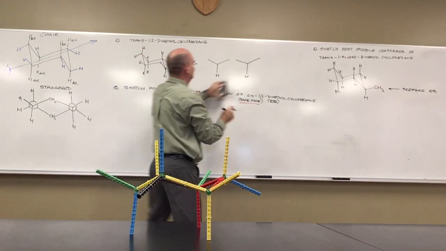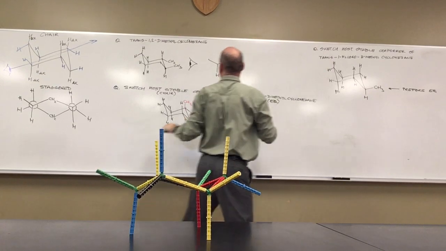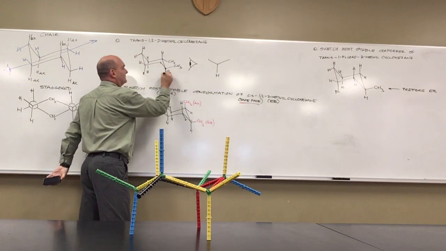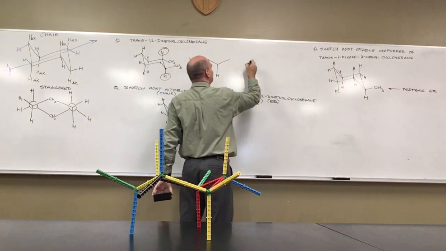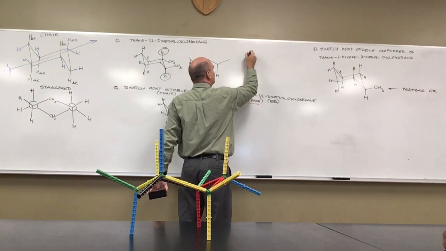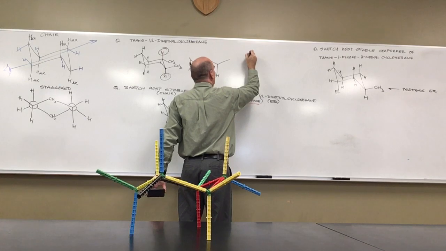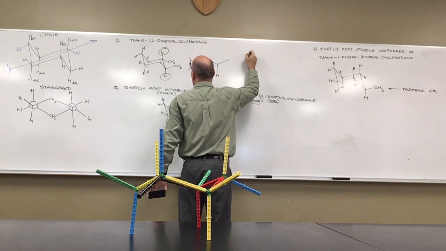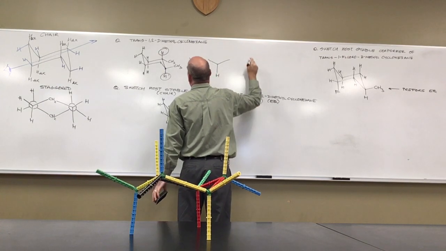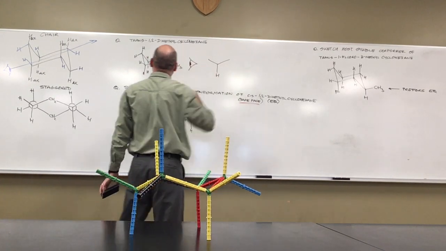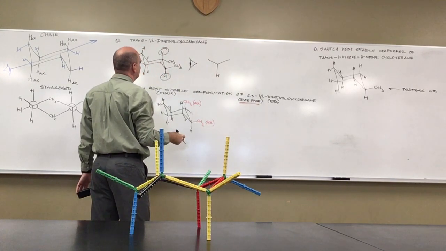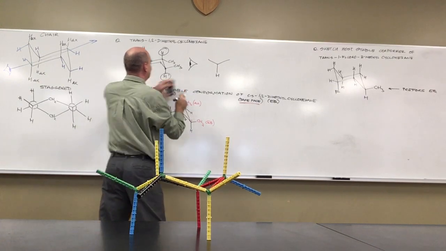My bad. That one's down, and that one's up. So the front of my molecule, which way am I going to look? Oh, you know what? Yeah, okay, hold on.